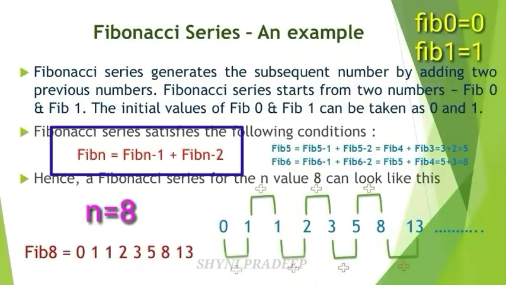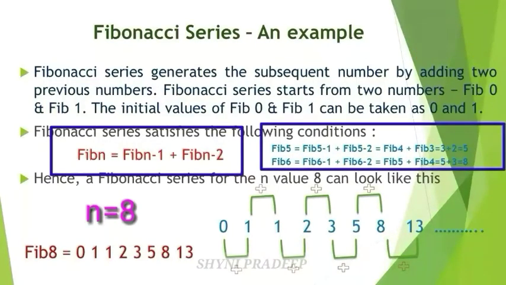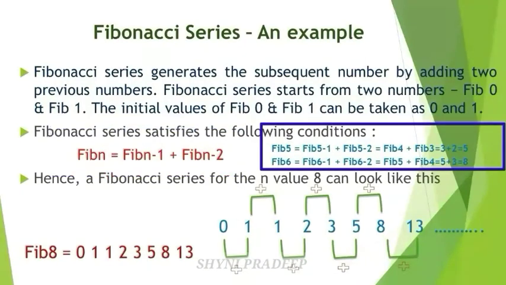Suppose you want to calculate the element at the 5th position. How will you write? Fib n. N means 5. You have to write the position. N is equal to 5. So Fib 5 is equal to Fib n minus 1, meaning 5 minus 1, plus Fib n minus 2, meaning 5 minus 2.